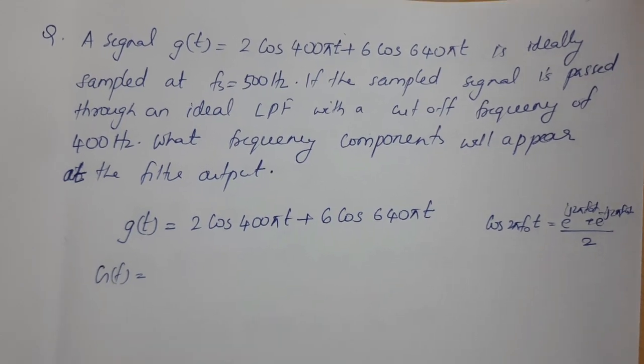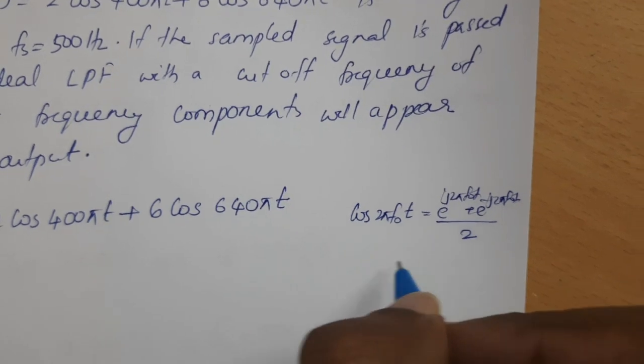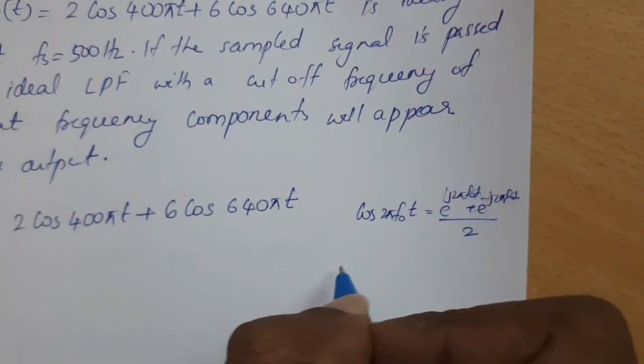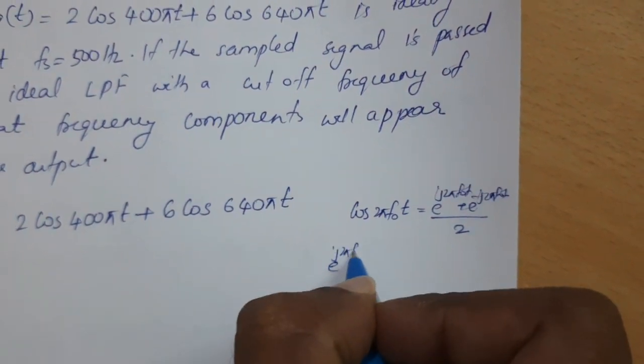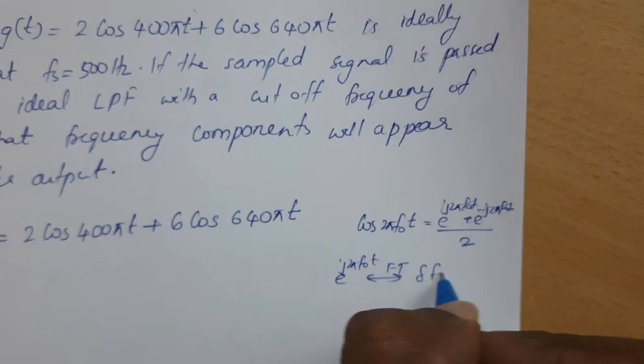If we take the Fourier transform, we know that the Fourier transform of e raised to j 2 pi f0 t is delta f minus f0.